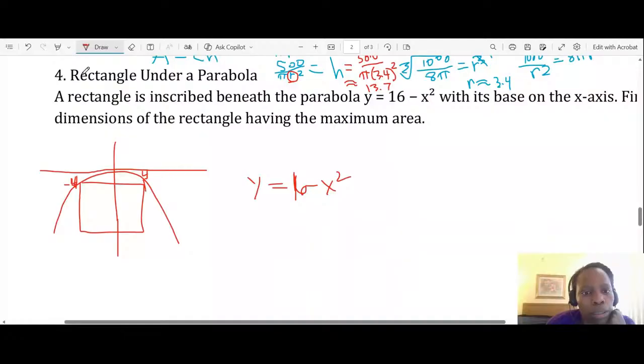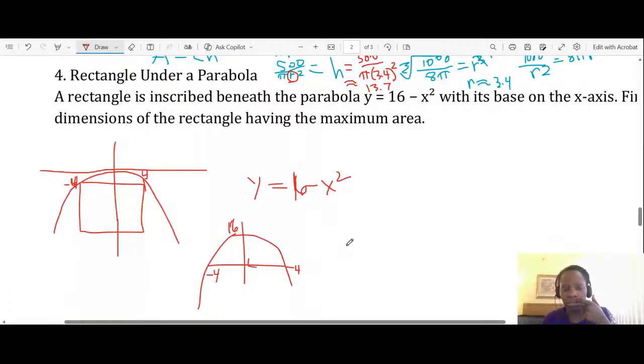Nope, let me take that back. That's gonna be 16 minus. Okay, so 16 minus x squared is gonna be like, and then 16 up here, and then minus 4. I mean, that's positive 4, and that's minus 4. Okay, and then there's a rectangle up under it.